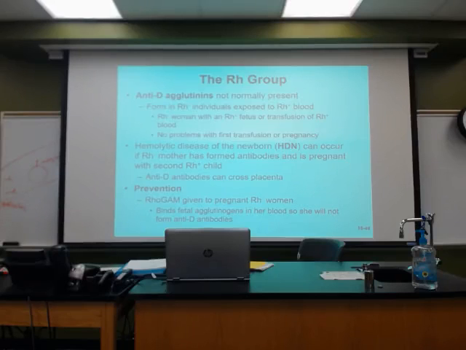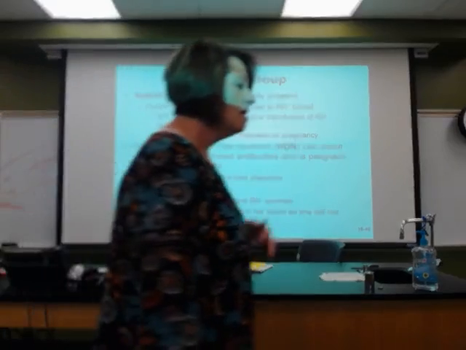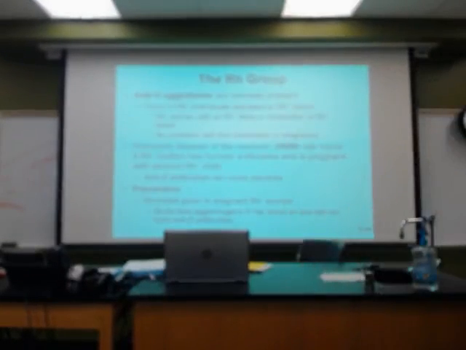However, she has now been exposed to the positive, and her body is going to develop antibodies. So if she gets pregnant again, it's the second pregnancy and future pregnancies that become a problem.